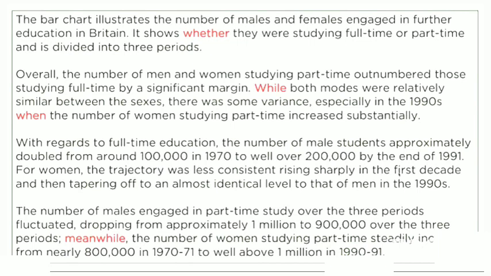Now coming to the next picture, in this you can see first I used whether, then I used while, in the overall, when, and the last one is meanwhile. So these are the subordinate clauses that are making my writing complex. So just this thing you have to copy in your task.